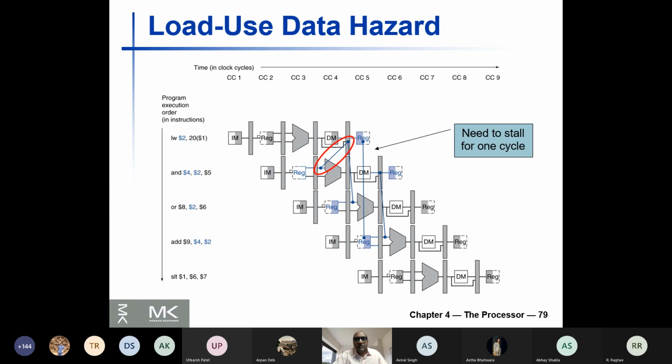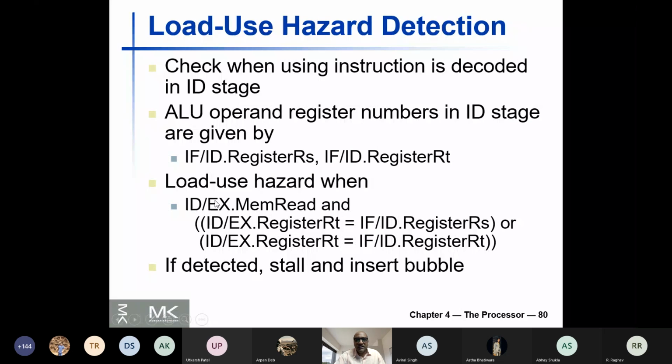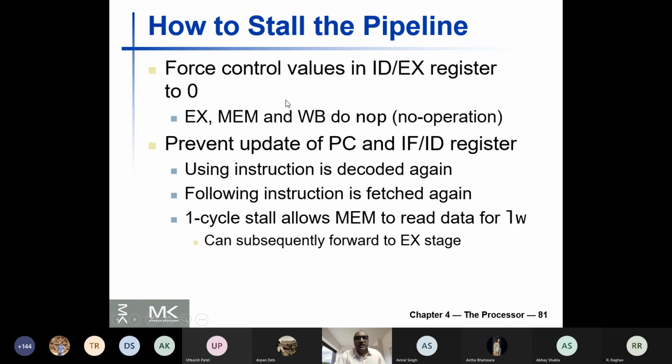So this way you can introduce the stall, and we'll see how we do that. This is the way to detect the stalls. After the stall is detected, we need to introduce a bubble in the execution stage, because for the execution stage to operate, the instruction in the decoding stage has to be forwarded, and that cannot be done because you have to stall.